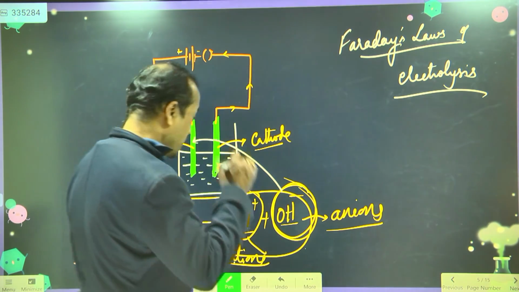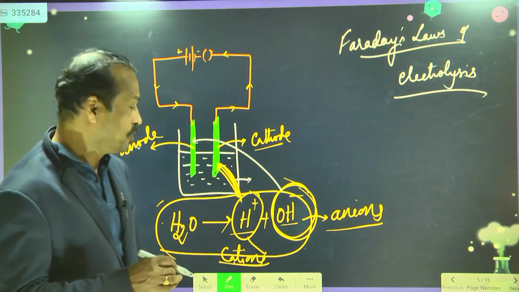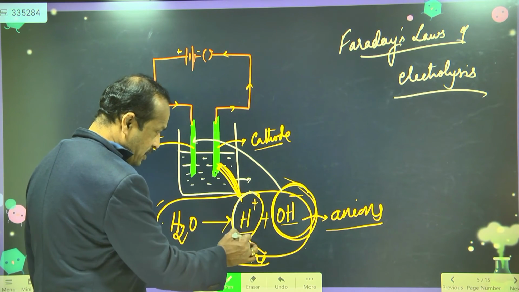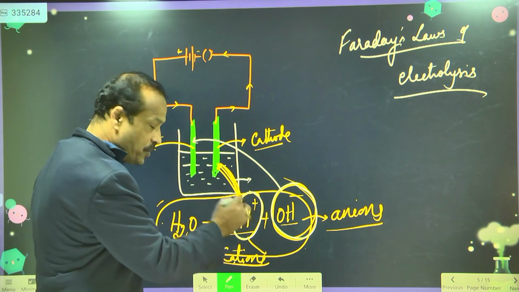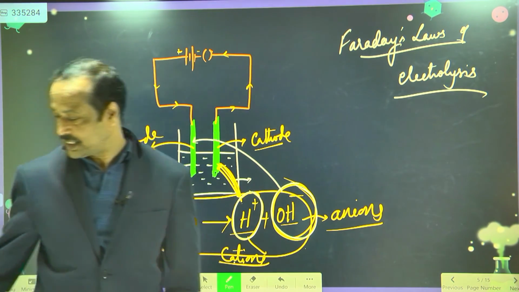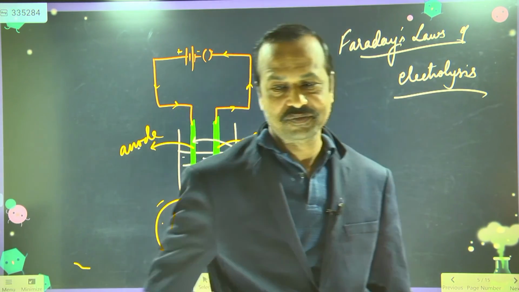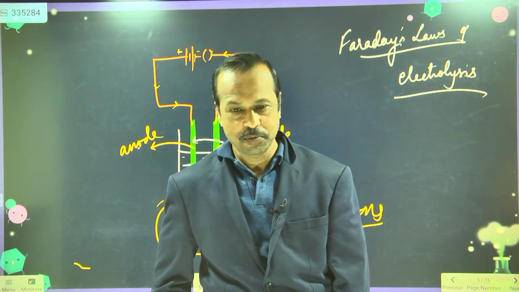But here, why are we taking his name and this experiment? By passing electricity, positive and negatively charged particles are released. Now the question arises: from where have these charges come?